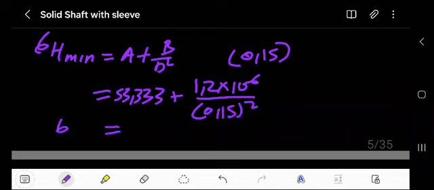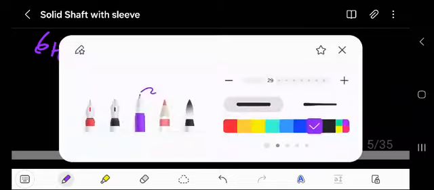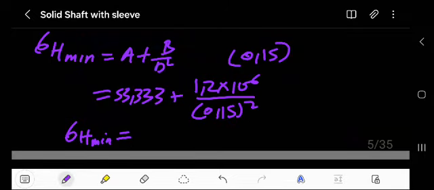Then the minimum hook stress will simply equal 106.667 megapascal.